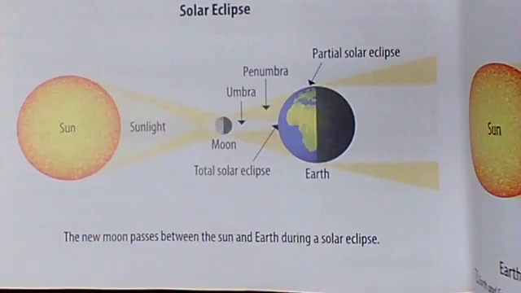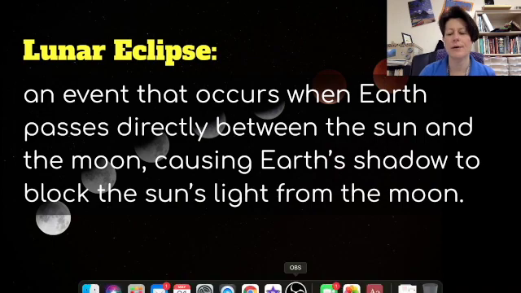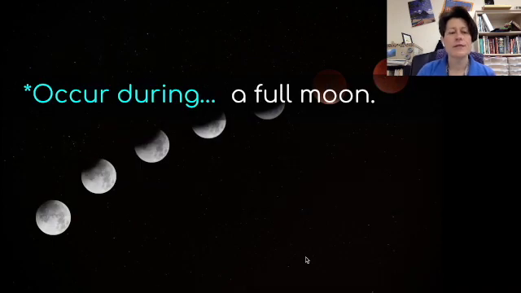Okay, the other type of eclipse that we can see is a lunar eclipse, and this is an event that occurs when Earth passes directly between the sun and the moon, causing Earth's shadow to block the sun's light from the moon. And you can see the progression of a lunar eclipse in the background, and the moon doesn't really completely disappear. It appears to be kind of reddish brown. This only occurs during a full moon.